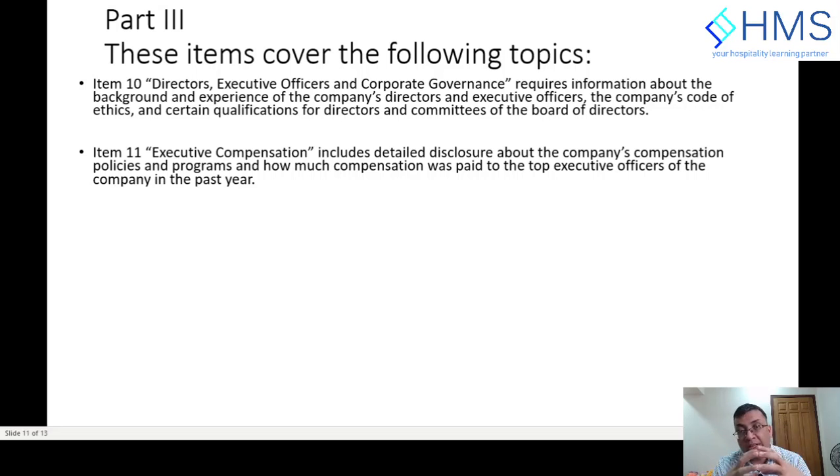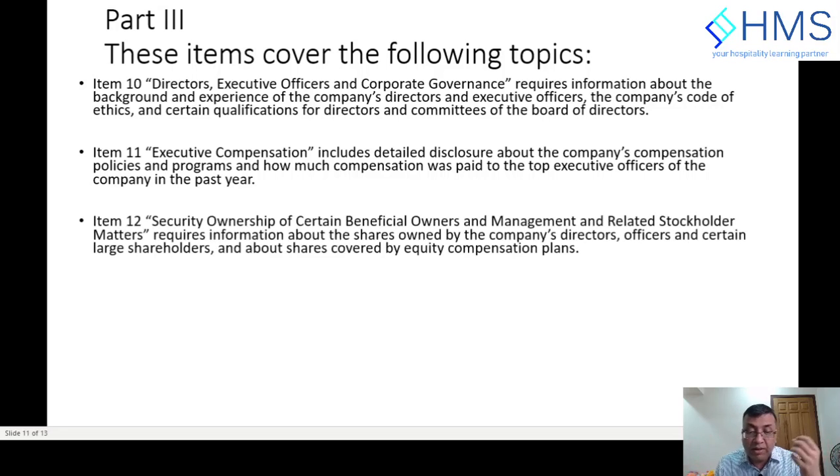Because that may give the management an incentive to give you false information or to falsify the financial statements. So usually after the Enron cases, the compensation has to be disclosed. Then you have the security ownership of beneficial owners and management, and related stockholder transactions. So how the company is transacting with its own directors, officers, and management. The information has to be provided.